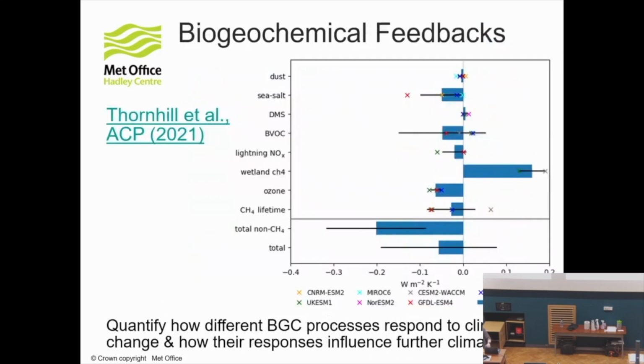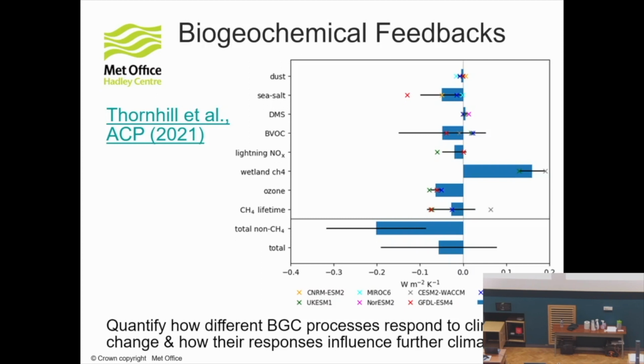The second example is from a paper by Gillian Thornhill that was published last year, where she quantified a range of what we call biogeochemical feedbacks. For example, if you have a change in climate within your Earth system, how do natural processes respond to that change in climate?